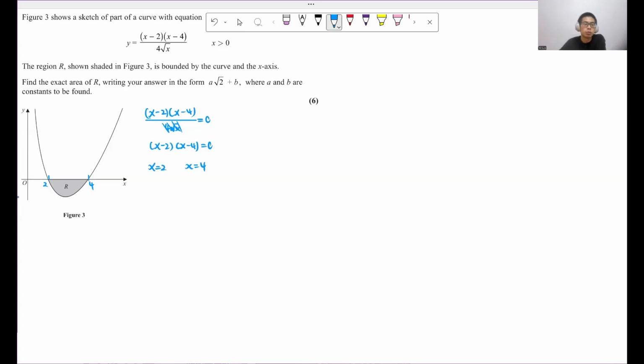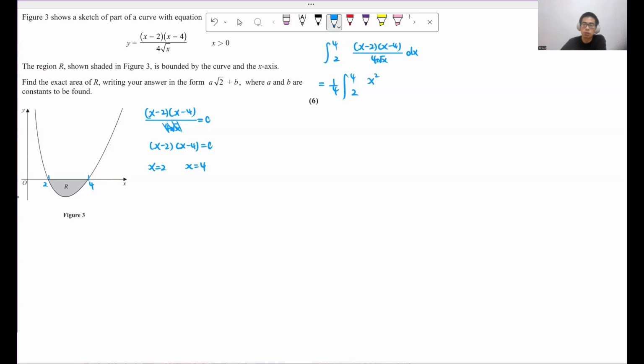Then to work out the area, we just have to integrate between 4 and 2 for (x minus 2) times (x minus 4) over 4 root x. Straight away, I will take out 1/4 to make it slightly simpler, and I will expand the numerator.